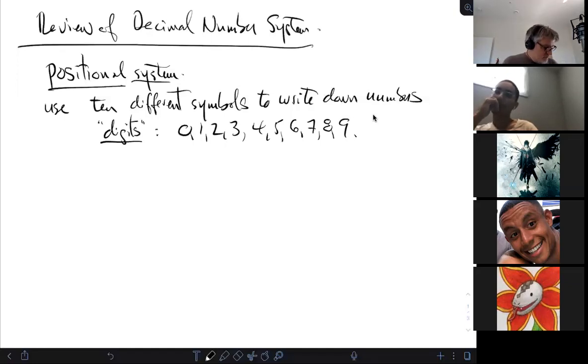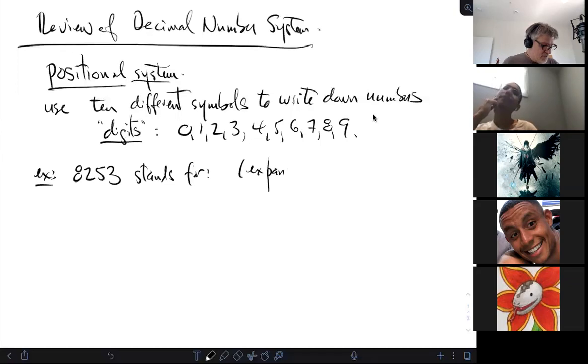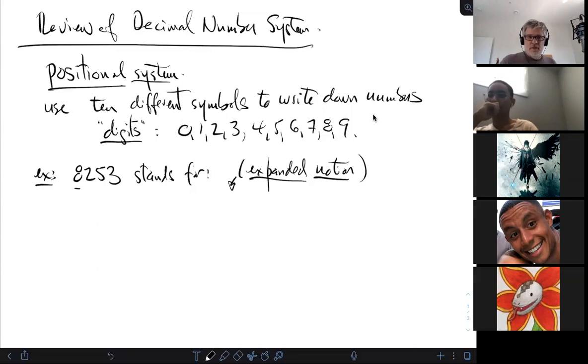Okay, so let's just illustrate this. If I write in decimal 8, 2, 5, 3, what does that mean? Right? So what I'm going to do now is write what we call the expanded notation. In some of the exercises, this term will be used. So the 8 here, of course, is actually worth 1,000, right?